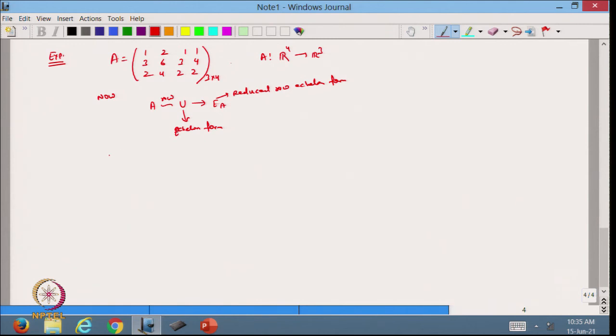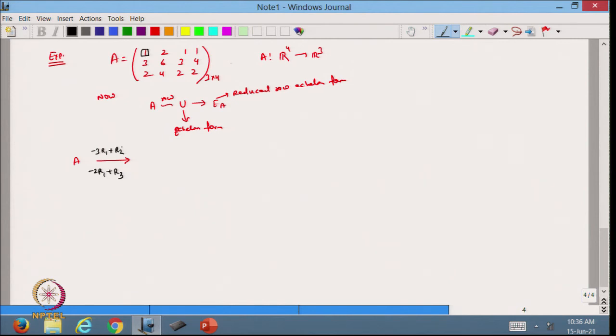Okay, so from A, what I do, I take minus 3 R1 and add to R2, and I take minus 2 R1 and add to R3, just to make this element 0, because this is the pivot element.